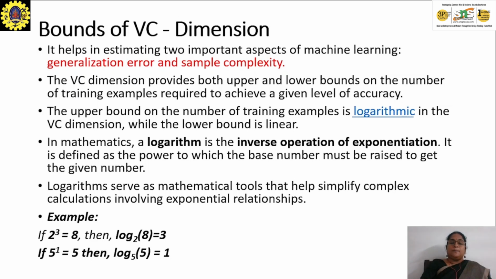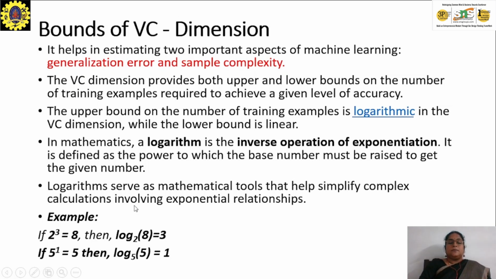The upper bound of the training examples is logarithmic in VC dimension, which we had already studied in mathematics. What is a logarithmic operation? It is an inverse operation of exponentiation. It is defined as the power to which the base number must be raised to get the given number.